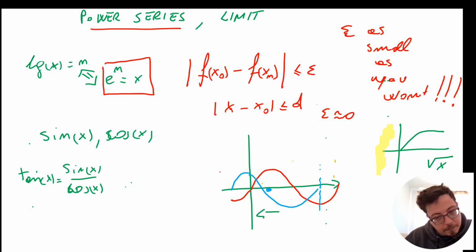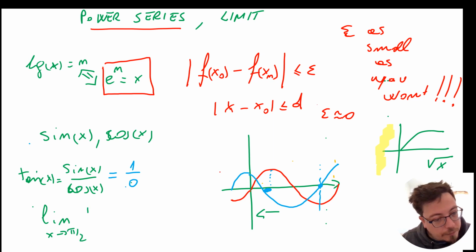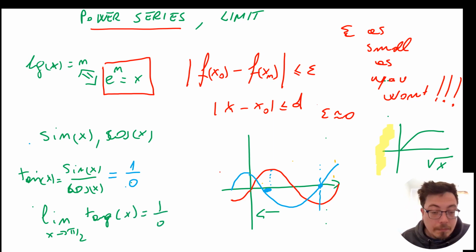Here, for example, at pi over 2, sinus is exactly 1, but the cosinus is 0. So we've got 1 over 0 again. If we take the limit of tangent of x as x goes to pi over 2, we've got 1 over 0, which again goes to infinity.